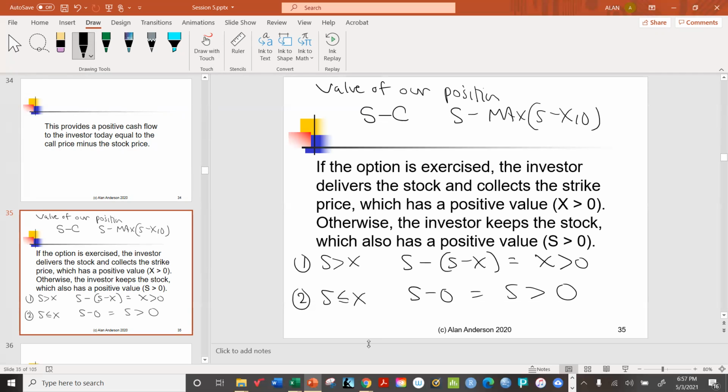We're going to get a profit. It's that simple. And no money came out of our pocket. And so to the extent that markets are efficient, you would never expect to see the call price selling for more than the price of the underlying stock.